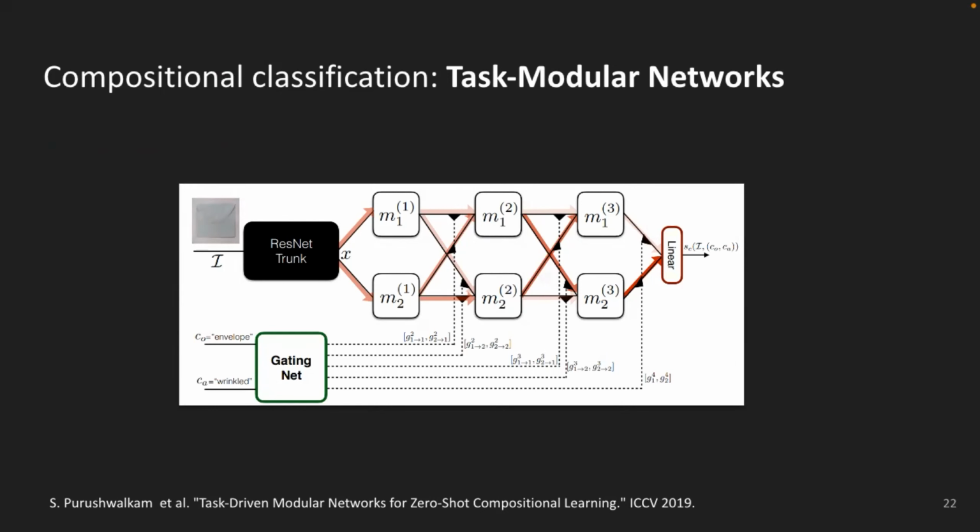Okay, this is the first set of approaches, but if you look at it, there is probably one issue: we are exploiting the fact that we have states and objects, but we are not modeling explicitly the compositionality aspects of the problem.